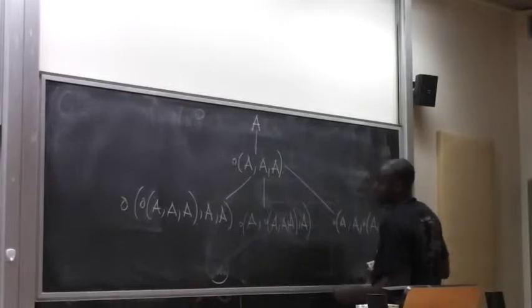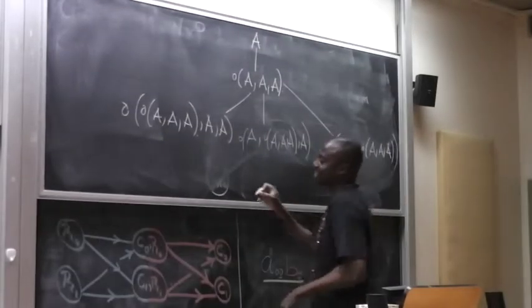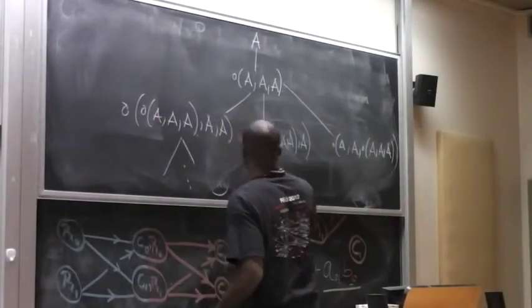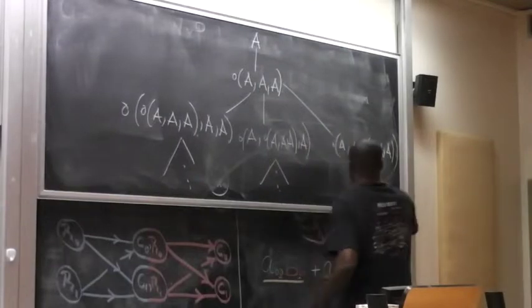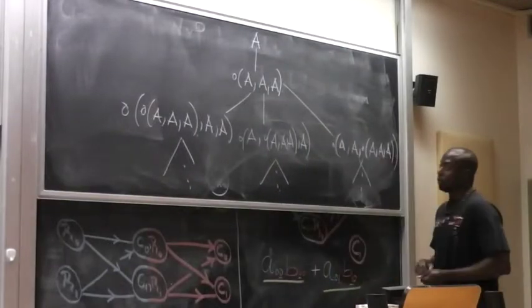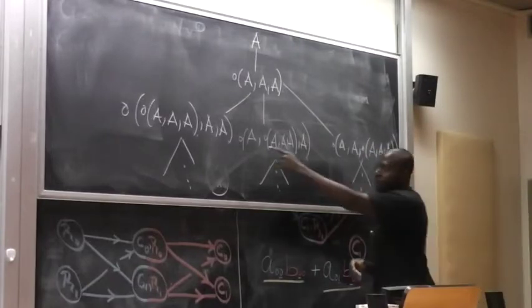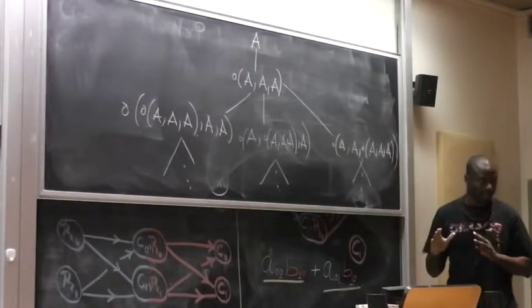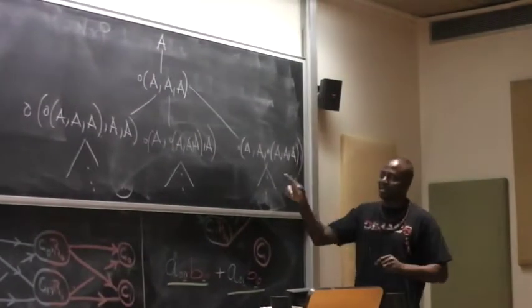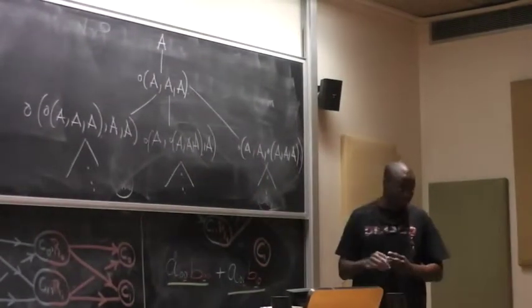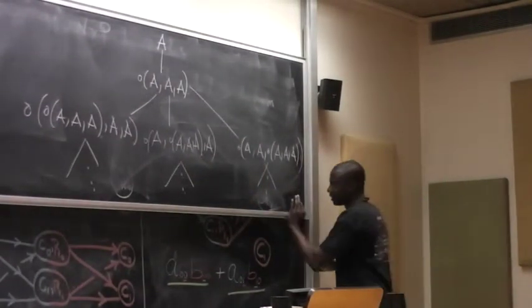All right, and you continue. So you can notice that for every multiplication you do, the number of operands that has to appear has to be odd. You will never be in a situation where you have an even number of operands. The number of operands is always odd.